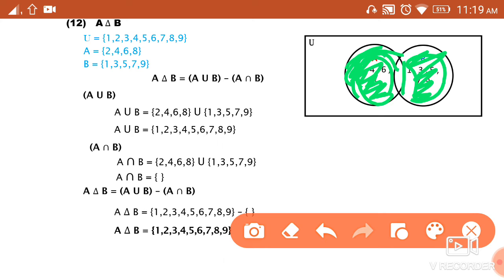But the overlapped area will not be shaded because according to the definition of symmetric difference, the symmetric difference of two sets contains everything that does not belong to the intersection. So we will shade both the circles, leaving the intersected area unshaded.